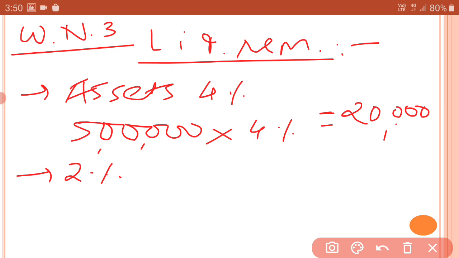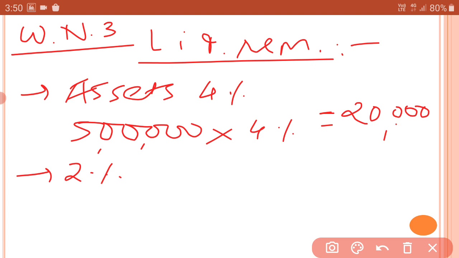So we pay also on preferential creditors, so we calculate working note 1, preferential creditors. It's compulsory: when the sentence is given as 2% on unsecured creditors and no information is given about preferential creditors, then we pay on preferential creditors also.